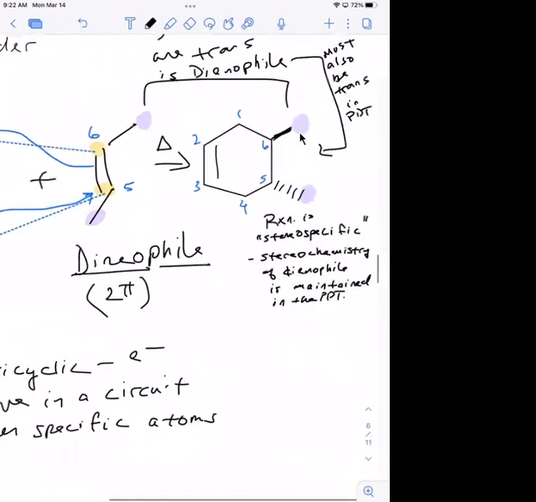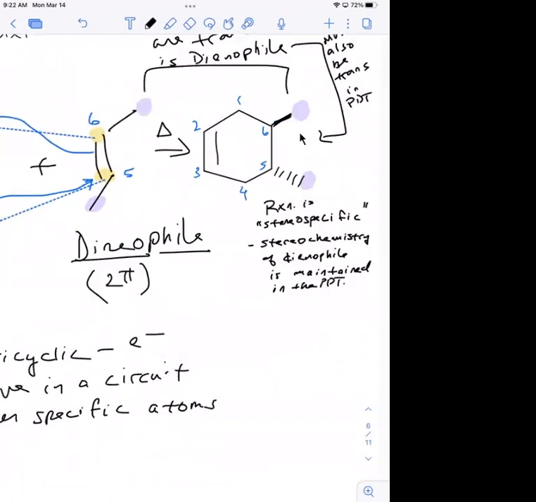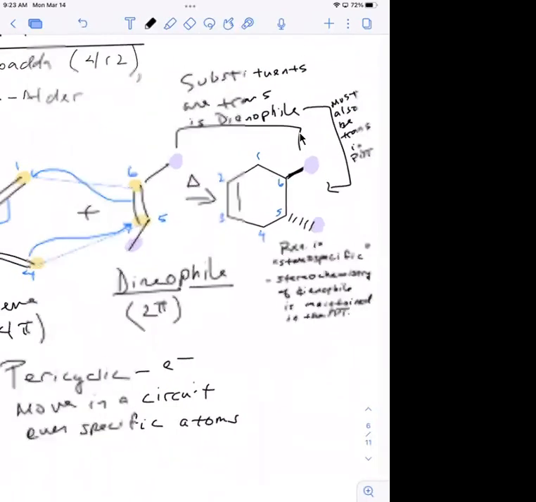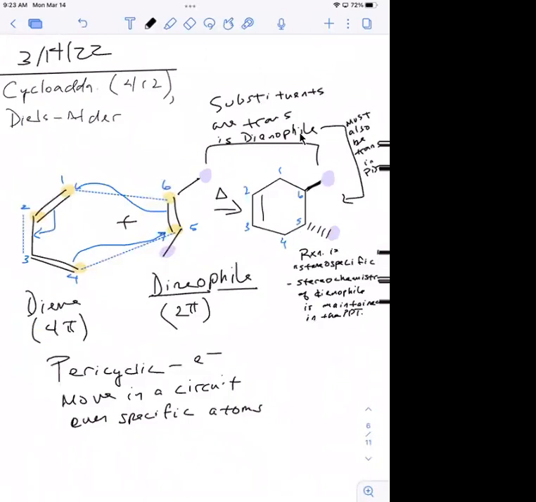So if your dienophile is trans, the groups on the ring in the product are going to be trans. If it's cis, the groups are going to be cis. That's one of the key characteristics of the Diels-Alder cycloaddition, that it's stereospecific. There's a reason for that, which we're going to talk about in a second. But does anybody have any questions about how the ring got formed, the arrows that got pushed, anything like that, before we start talking in more detail about the mechanism itself?